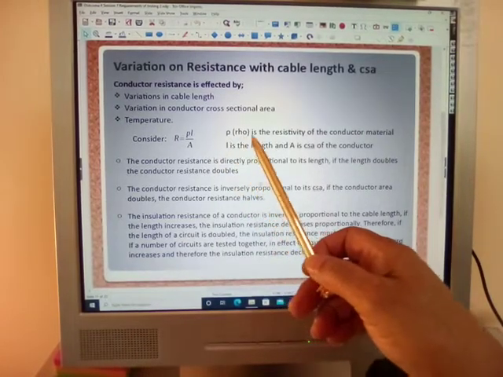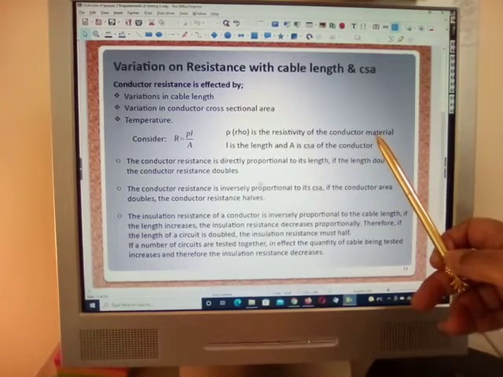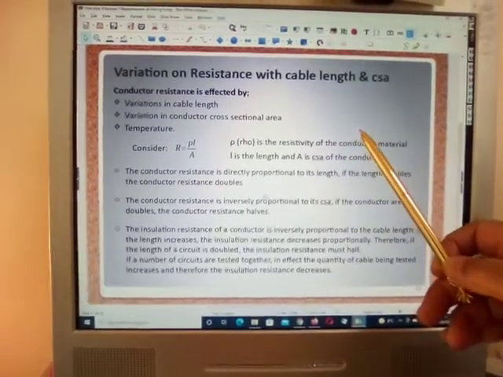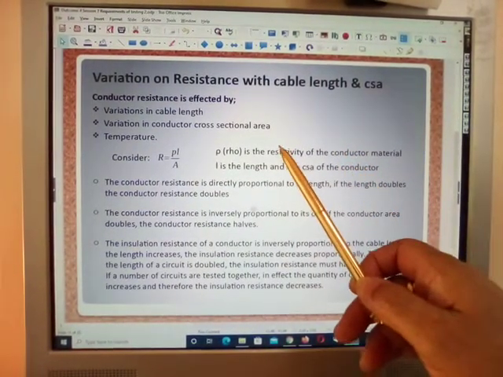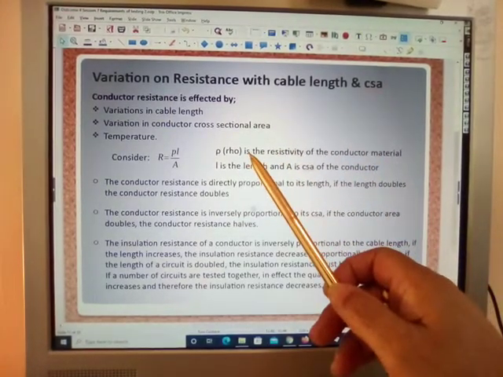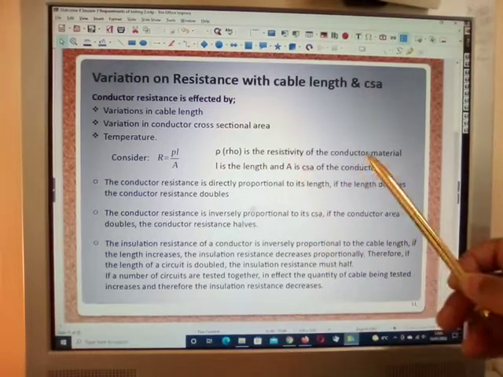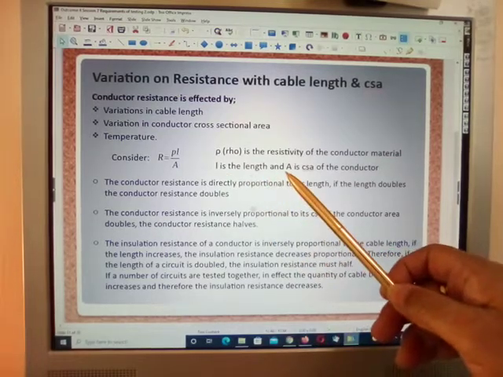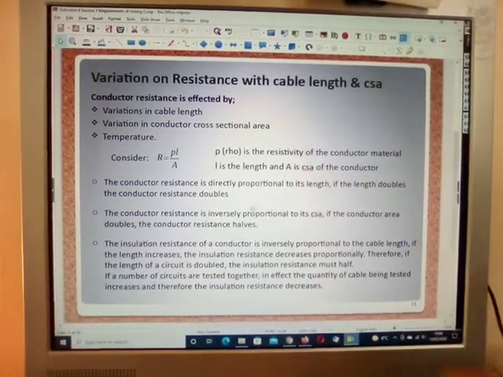Rho is the resistivity of the conductor material. So each material is given a value, and this information would have been given to you some time ago. If you look in one of my already mentioned videos, you should find this as well. L is the length and A is the cross-sectional area of the conductor.